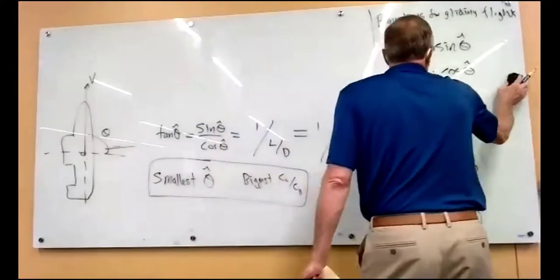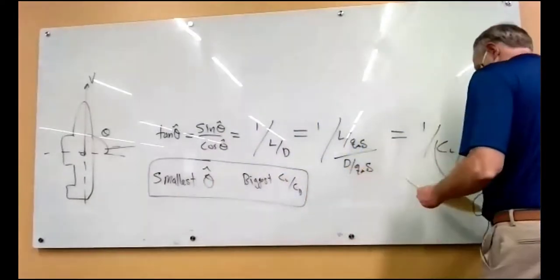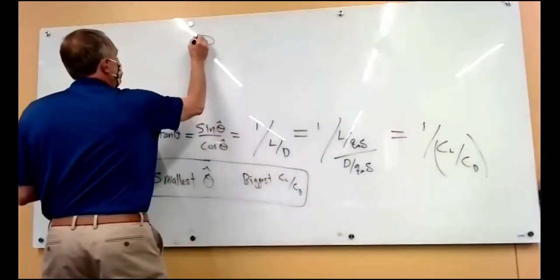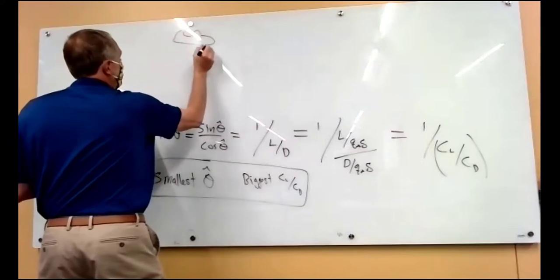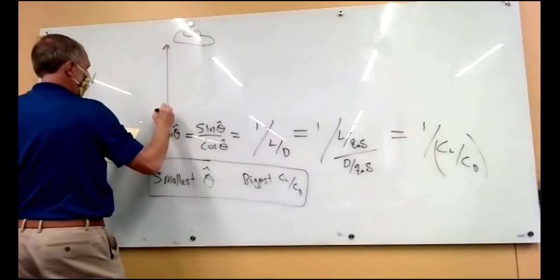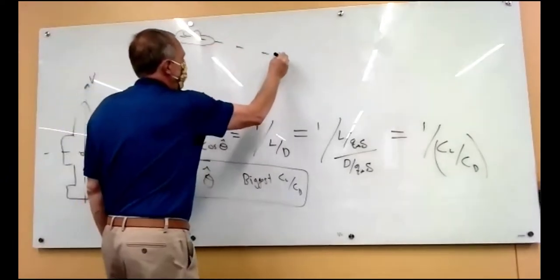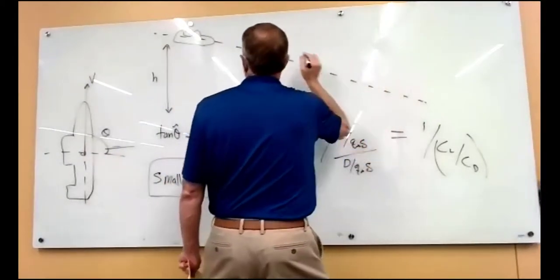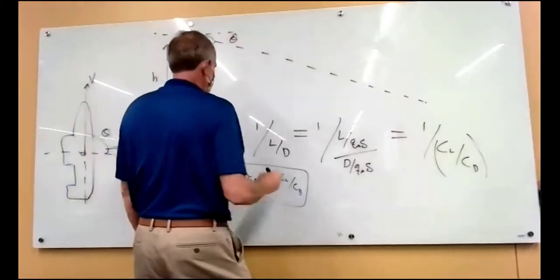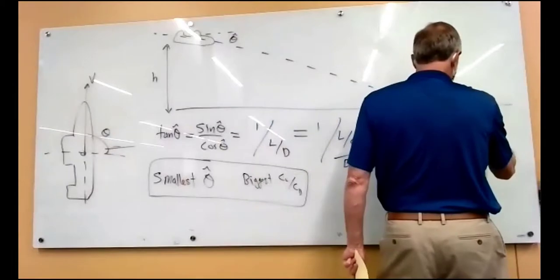So if we draw a picture of the airplane in the air and then gliding down to hit the ground, here's what we get. So here's our airplane at an altitude h. And it's gliding along this angle, which is theta hat. And then here's the ground, the horizon.